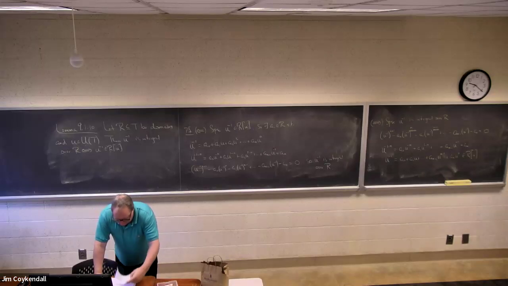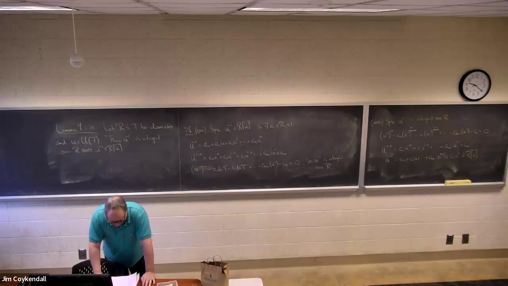And really all I need is for U to be an element that's invertible in some ring extension containing R, because the only thing that I really need is for U inverse to be in various places.